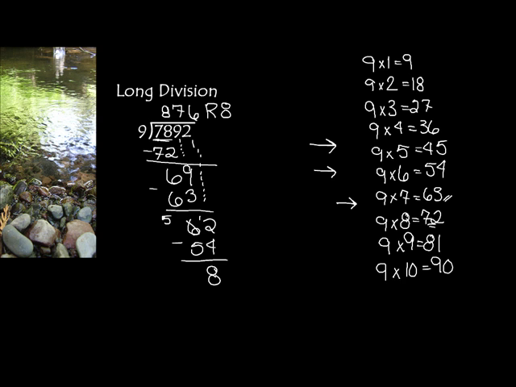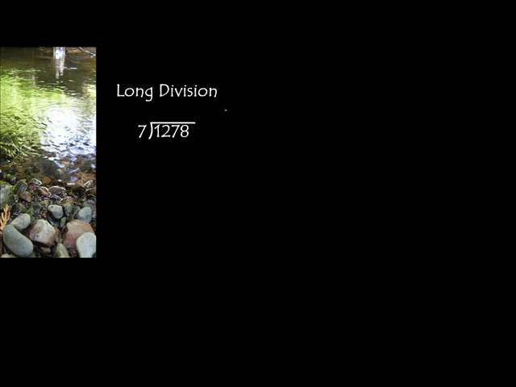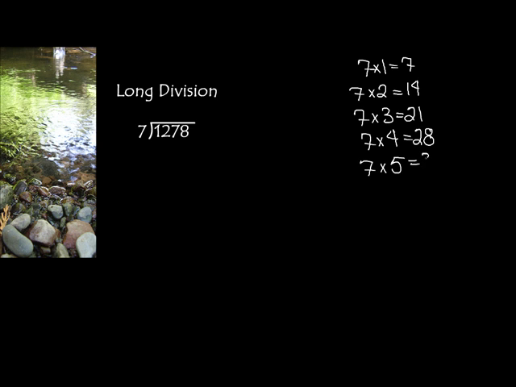Let's look at the last one. Now I'm going to write out your multiples of 7. 7 times 1 is 7. 7 times 2 is 14. 7 times 3 is 21. 7 times 4 is 28. 7 times 5 is 35. 7 times 6 is 42. 7 times 7 is 49. 7 times 8 is 56.